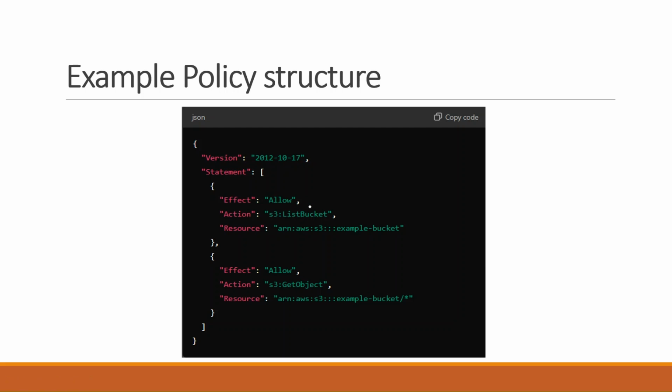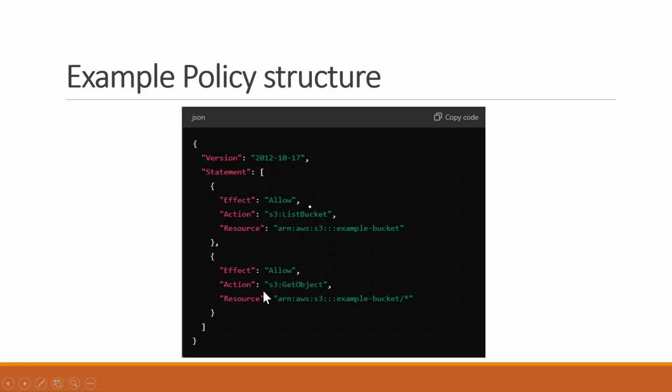Here you can see the resource, where you mention what services you are giving access to for the specific user. Here I'm giving AWS S3 bucket access. This is the bucket name, an example bucket, and this is the action block. Here we list all the AWS operations or actions that are allowed or denied.